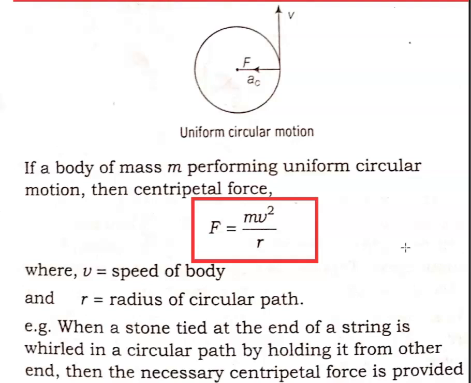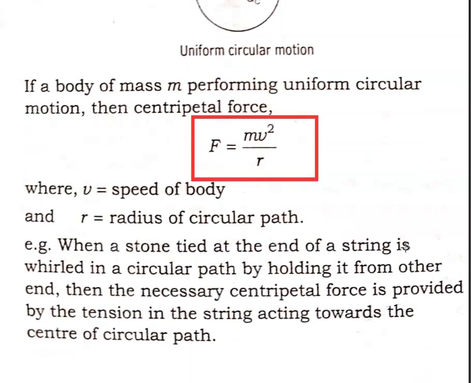So centripetal force F is equal to m into v square upon r, where m is the mass of the object, v is the speed of the object, and r is the radius of the circular path in which the object is moving. The best example to understand centripetal force is a stone tied at the end of a string.